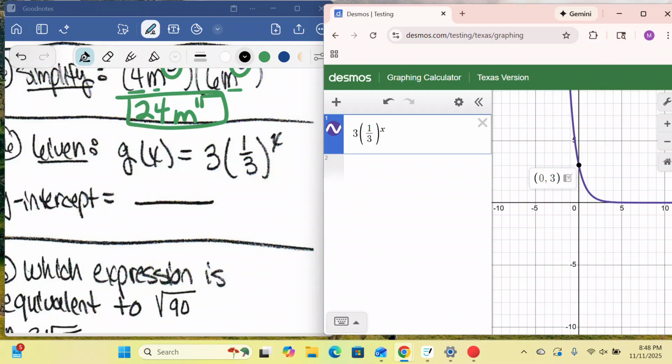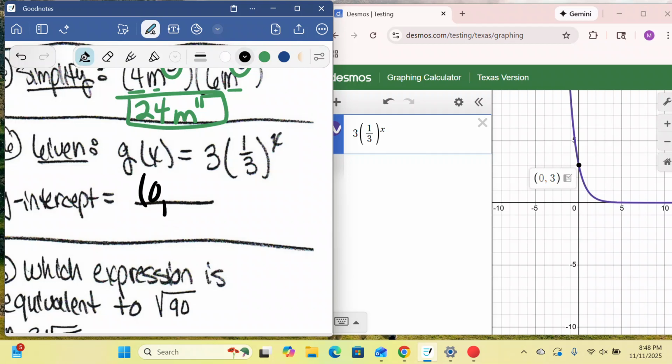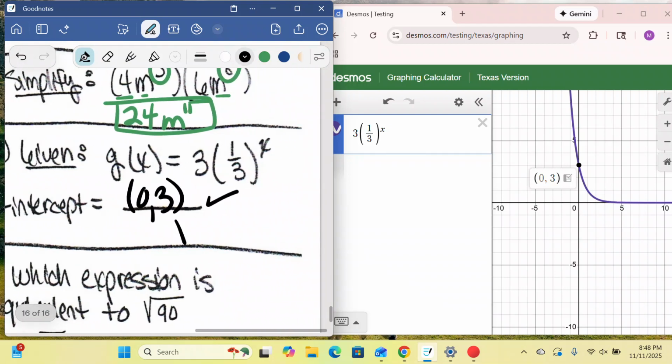And then I want to find my y-intercept, and it is 0, 3. And that's my answer. Once again, this is an exponential because of this little x right there.